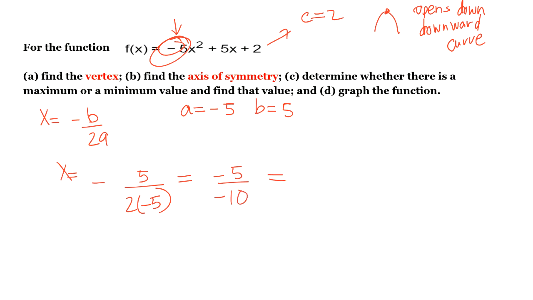The negative came with the formula. A is negative, so that negative and negative is going to change it to a positive. And I reduce, so 5/10 is 1/2. So my x is 1/2.